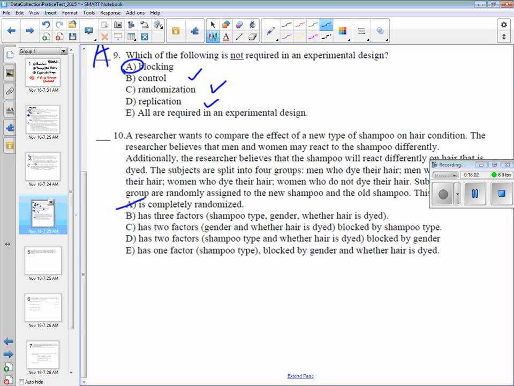So I could control whether you wash your hair once a day, or once a week, twice a week, the number of times you shampoo. Wouldn't that be something I could control, right? So that would be a different level that you could add into the factor, okay? So you'd have 1 factor, shampoo type, and then the levels would be the number of times you would shampoo. Are we okay with that? Because it's something I can control.